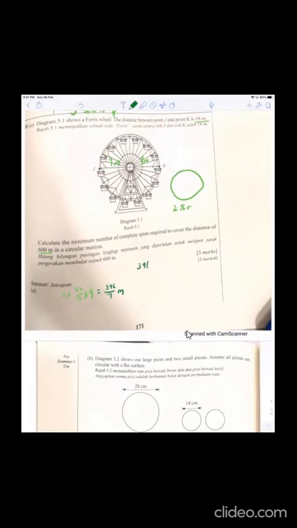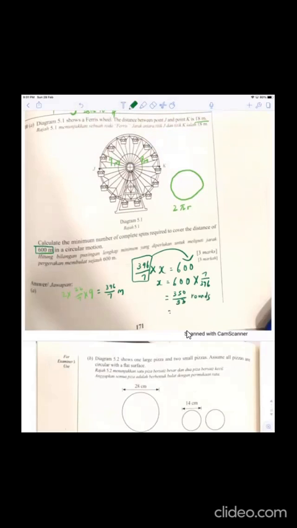Okay, so 396 over 7 is one round, but the result, you need to get 600. So how to find x? 600 times this one, move here, change place, 7 over 396. So the answer is 350 over 33 rounds.